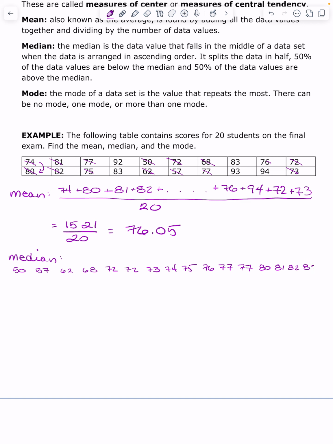There's an 83. There's another 83, and I'm just going to curve around the edge. Bad planning on my part. And then the 92, 93, and 94. And then I'm going to count to make sure I didn't miss one. 1, 2, 3, 4, 5, 6, 7, 8, 9, 10, 11, 12, 13, 14, 17, 18, 19, 20.